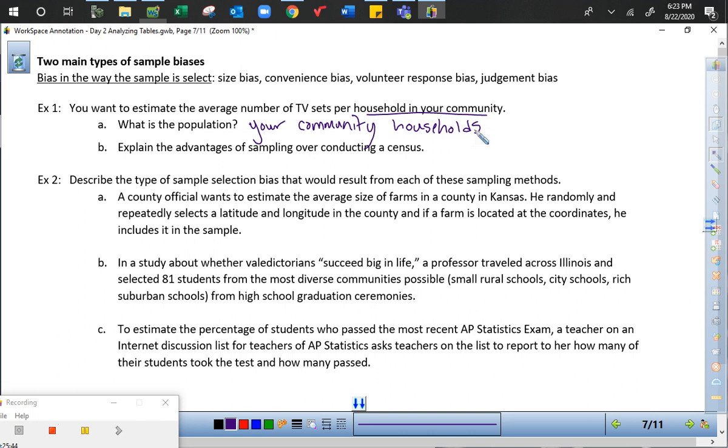I would say an advantage of sampling is we could probably pick a subgroup that's representative without having to go to every single household. So the biggest thing, it saves time and resources. Think about all the people you would have to employ to go survey those people and collect that data for you.